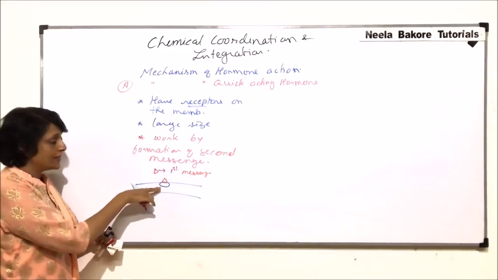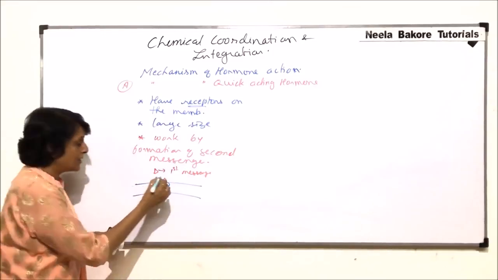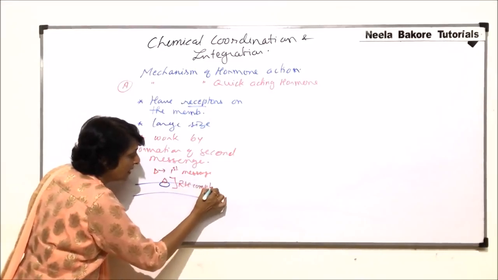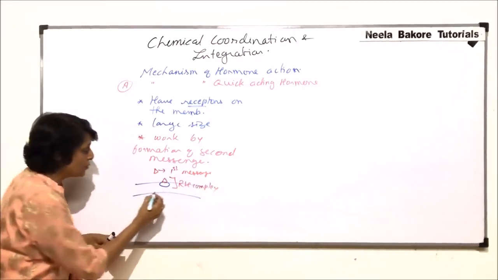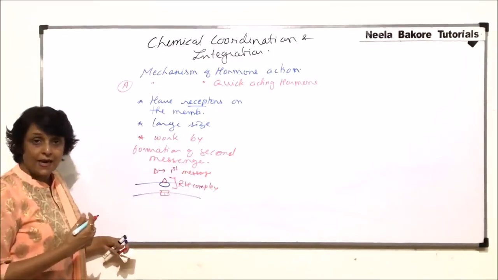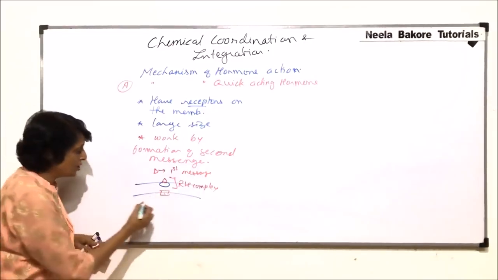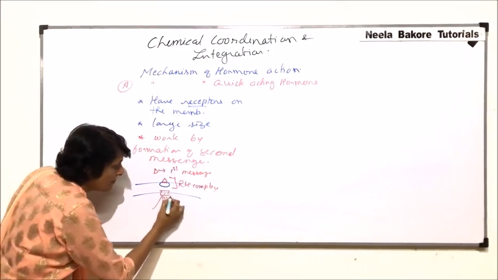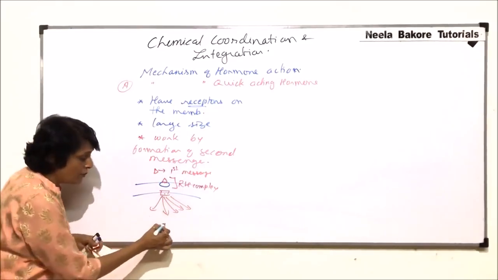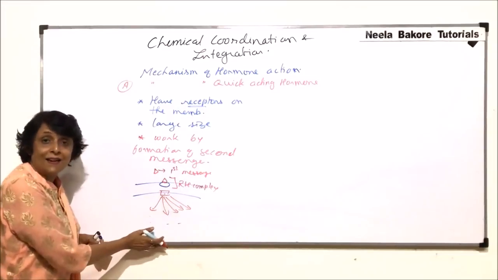As soon as the receptor hormone complex is formed, this complex is going to stimulate some reactions on the inner membrane side. And as soon as this reaction is triggered, multiple molecules would be formed, and they would bring about multiple reactions here.